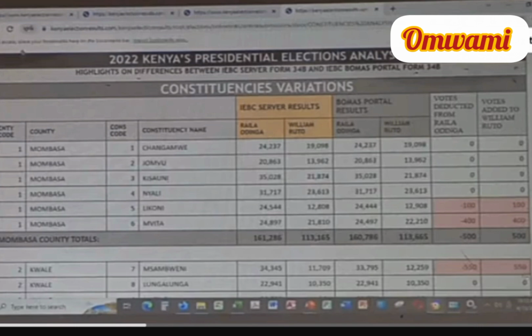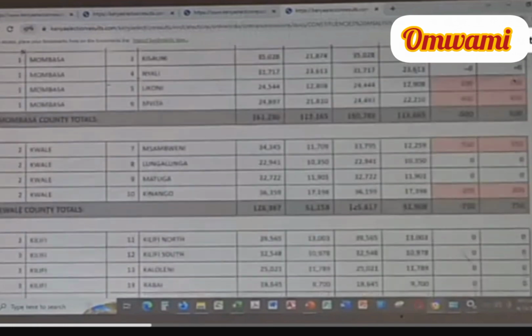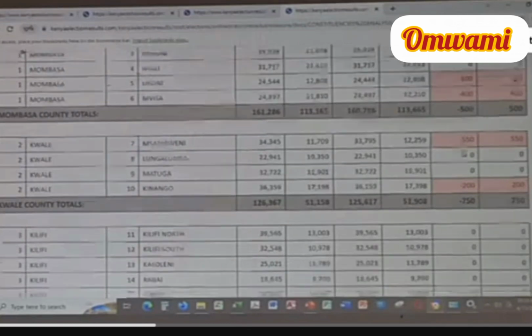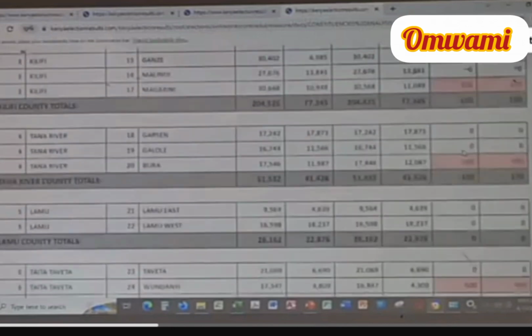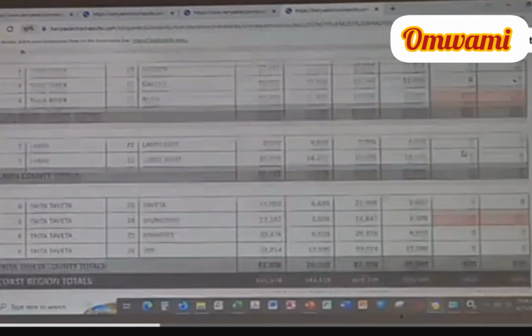And here Jacom lost 400 votes and Dr. Ruto gained 400 votes. Then when you come to the others in Kwale, only 2 were affected. And here we have the figures as you can see. So this is what happened in Kilifi, only one station. One constituency and one station, that is.